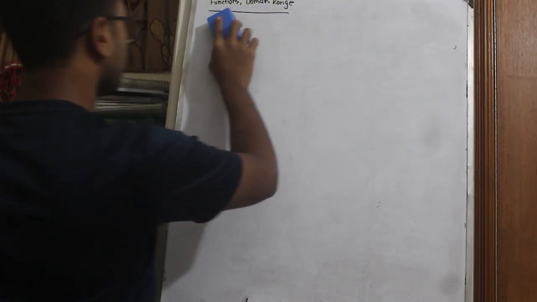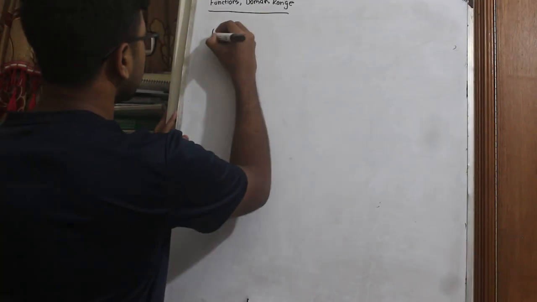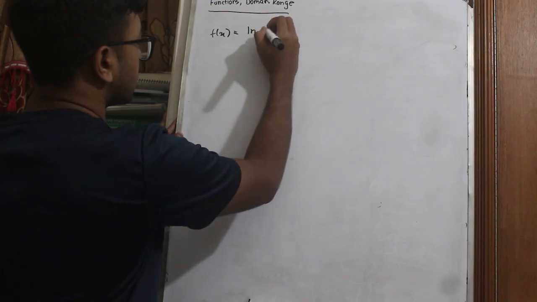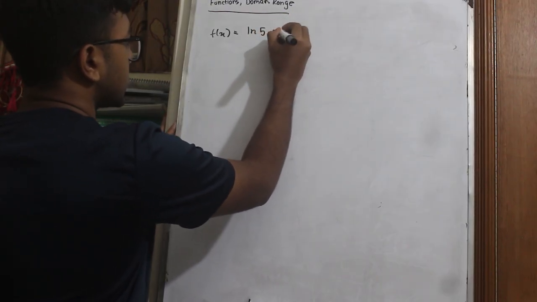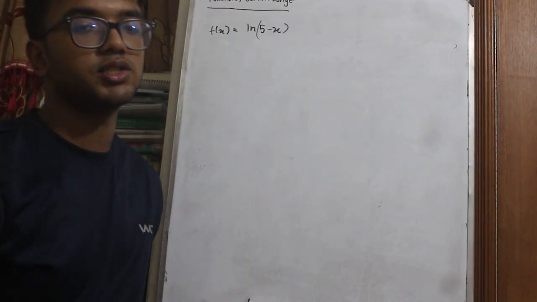And now let's figure out our last domain of the day, which is something that involves log. Let's start with log of 5 minus x. So what do we know about the condition of log?